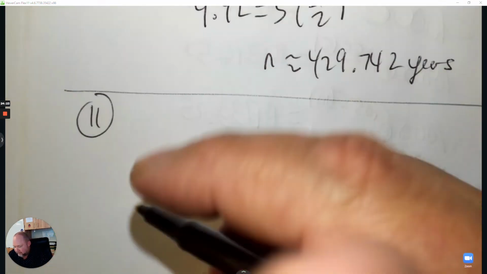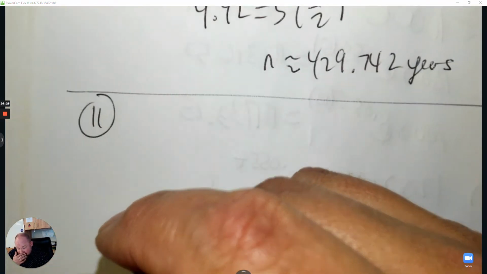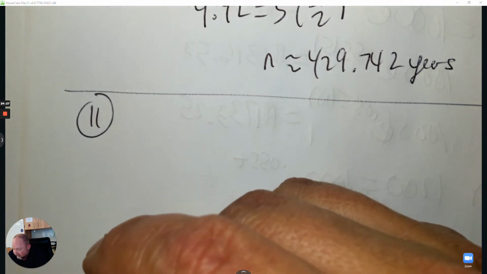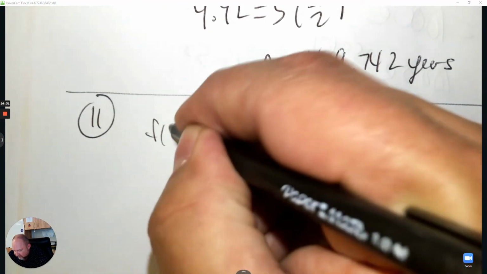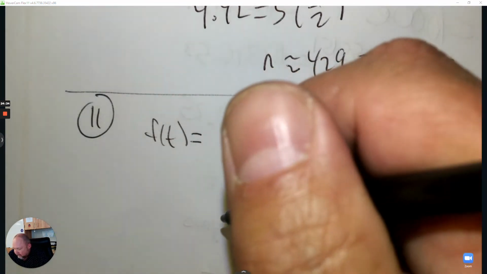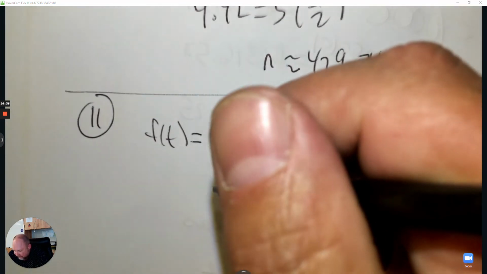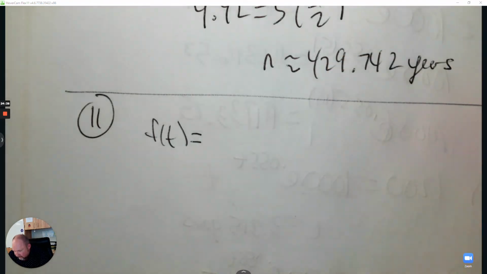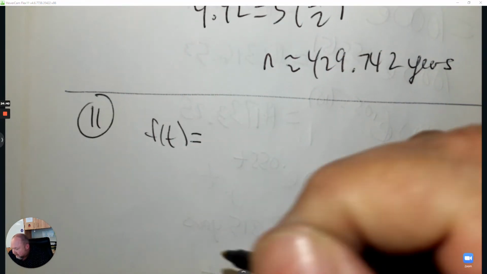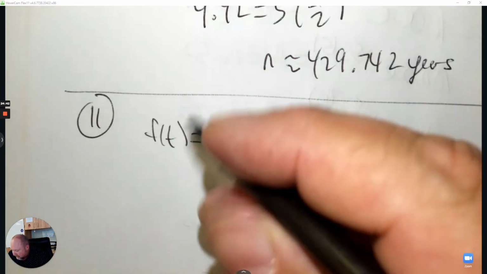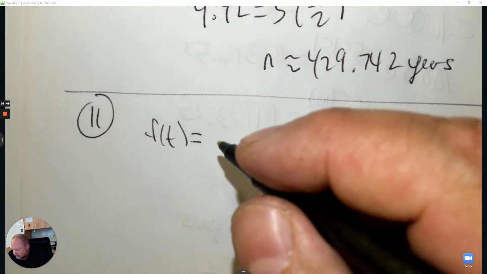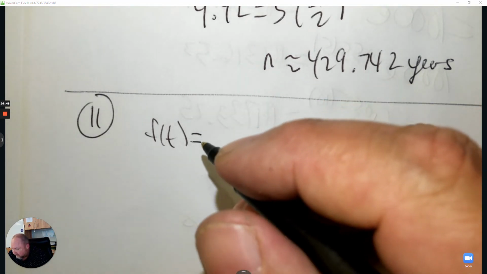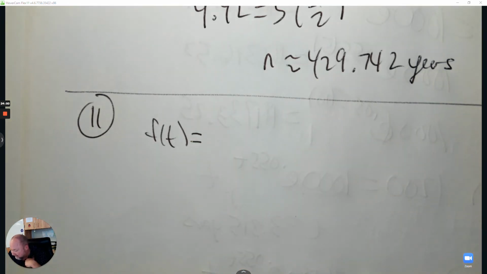An isotope, sounds fancy, is used for estimating how long certain living organisms were on Earth. The half-life, so we're going to use this again, is approximately 5,730 years. If the skull of an ancient primate contains 10% of its original, imagine how long ago the primate lived.